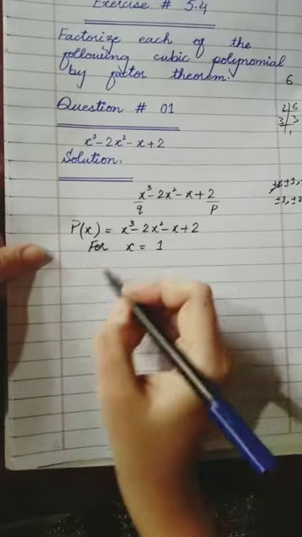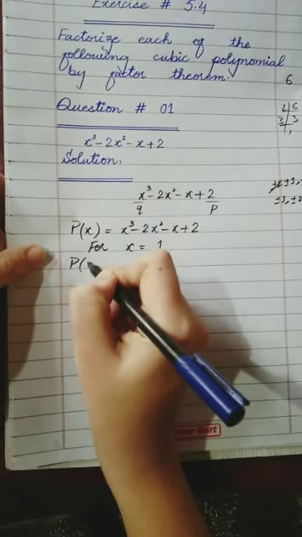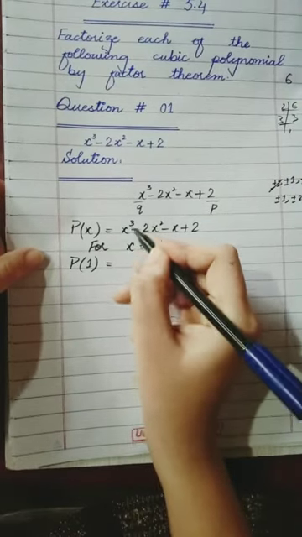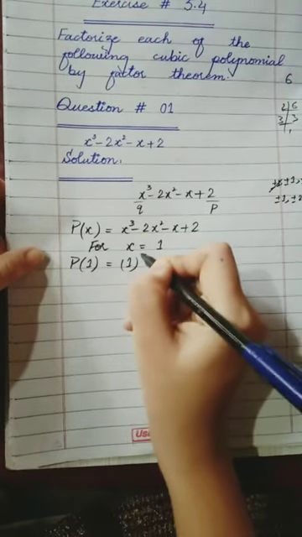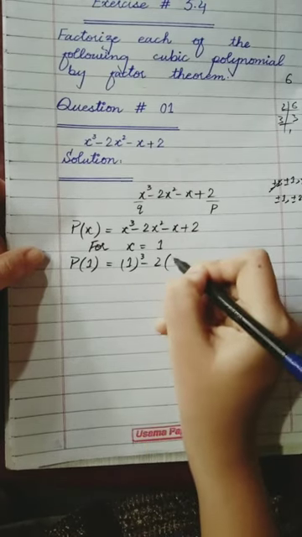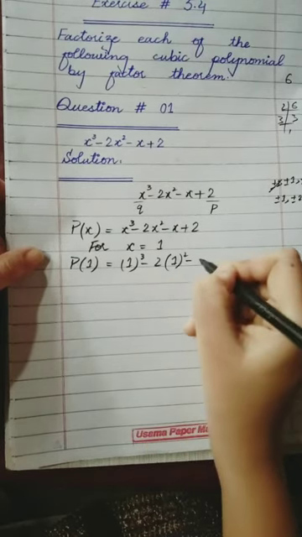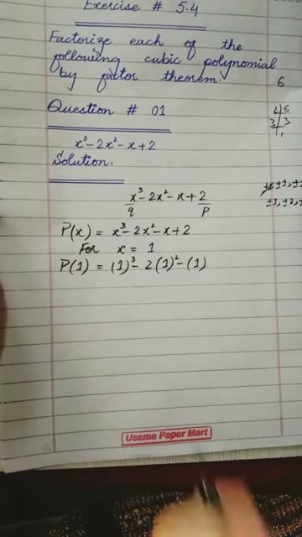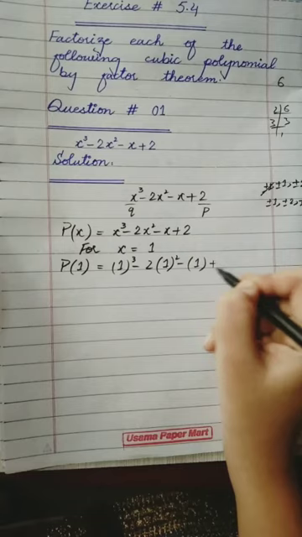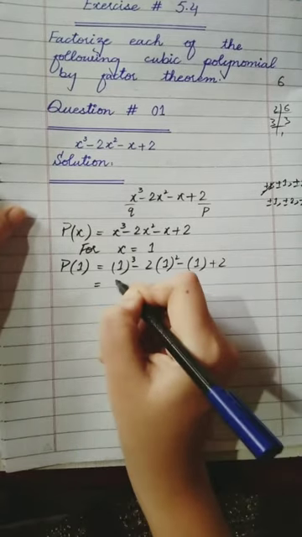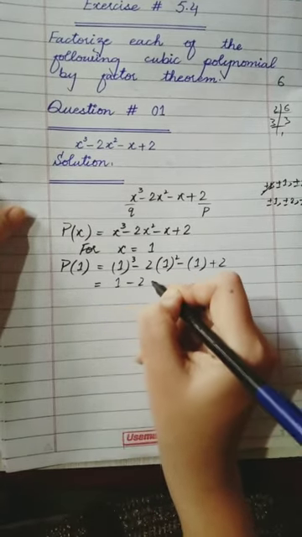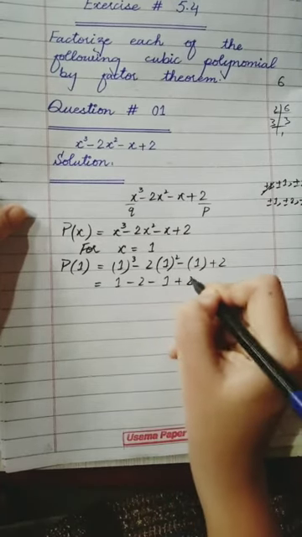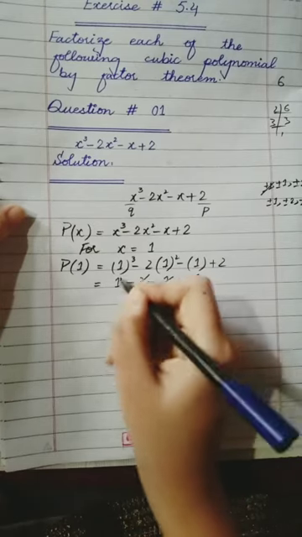Put this value in the equation. P of, instead of x, we place the value of x, and this is 1 power 3 minus 2 into 1 square minus 1 plus 2. This is 1 minus 2, meaning minus 1, then minus 1 plus 2, plus and minus cancel.